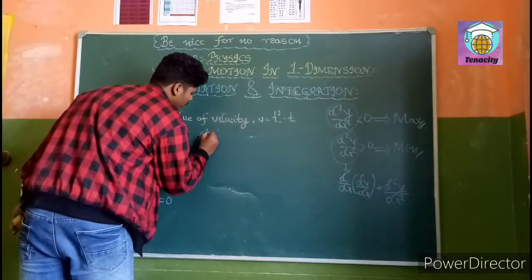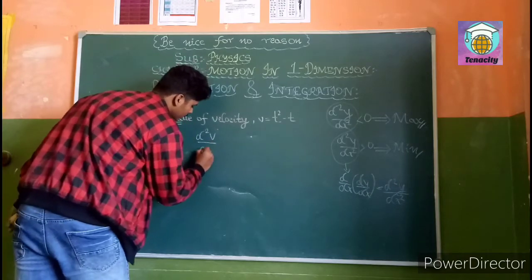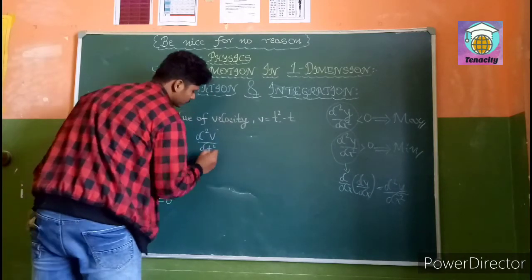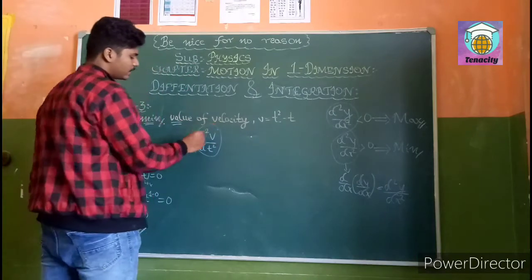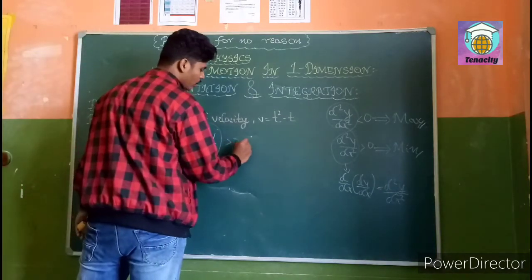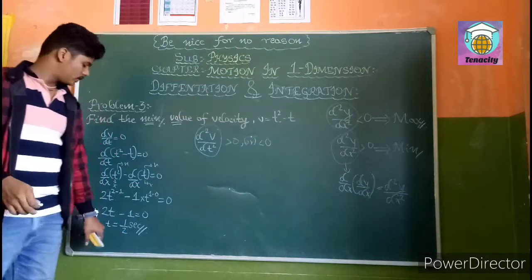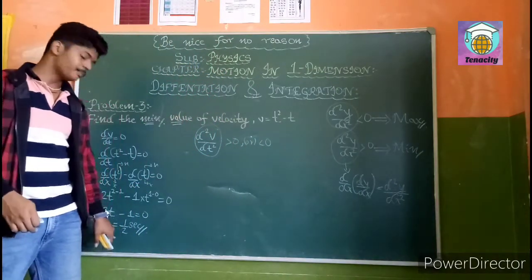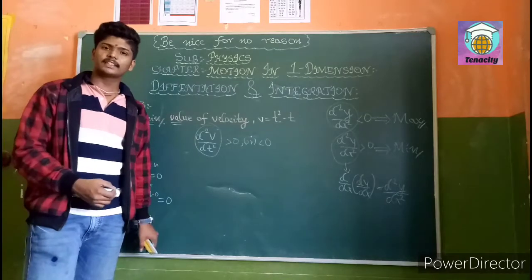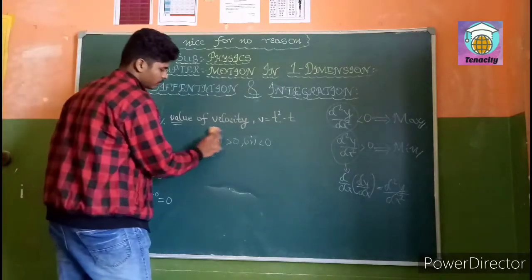So d square v by dt square, we have to check whether it is greater than 0 or less than 0 to know whether this value is a minimum value or a maximum value. So let us check.